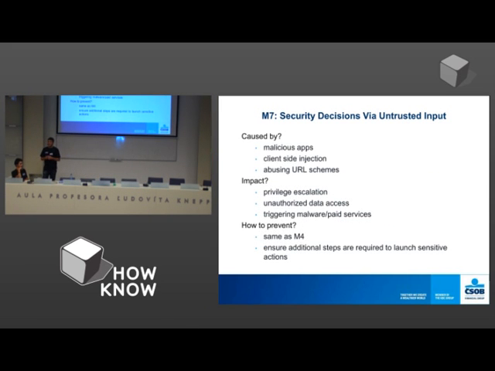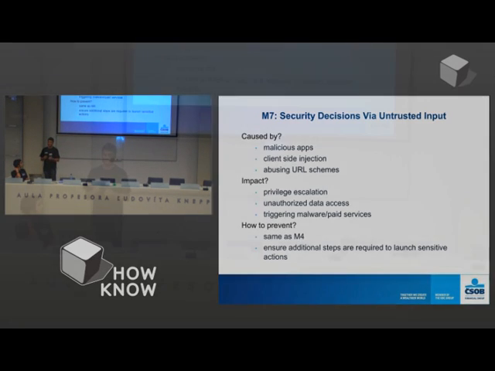So, security decisions via untrusted input can be caused by malicious applications, client-side injection and abuse of URL schemes. Probably, or most of the time, a combination. Things you can do with this, well, the sky is the limit. You can abuse a lot of things. How, as a developer, can we prevent these things?